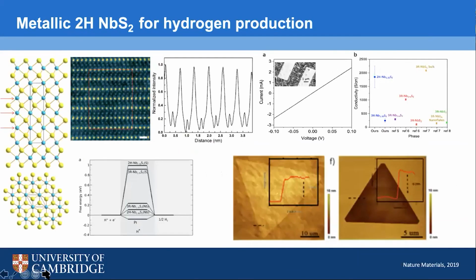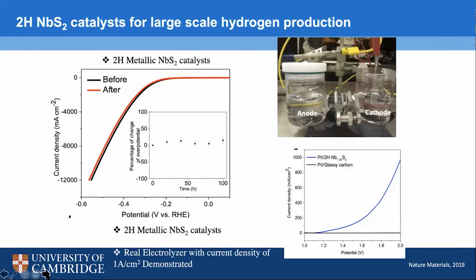And so we took all of this knowledge, and in 2017 we wanted to design a catalyst that would give us good catalytic performance and also be practical. So we started looking at niobium disulfide catalysts because niobium disulfide is naturally metallic and highly conducting.